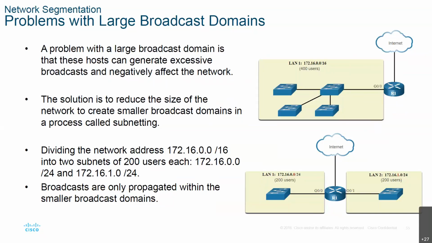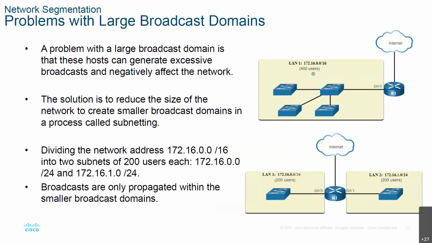For example, I have one network over here, 172.16.0.0. This is my network address, /16. That means 16 bits network portion, 16 bits host portion. How many users do I have here? 400 users. 16 bits, 2 to the power of 16 minus 2, is definitely more than 400 users.